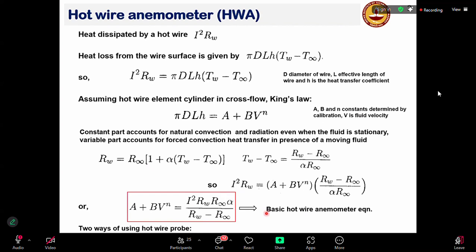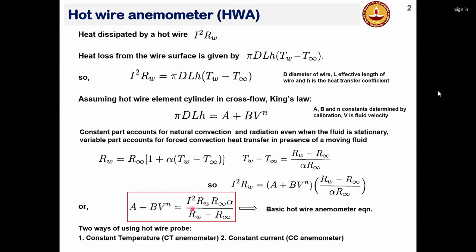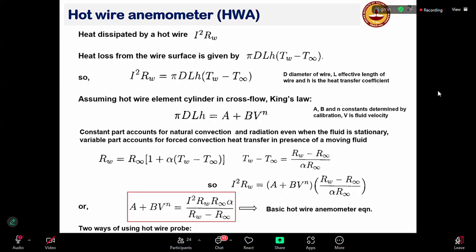So this basic hot-wire anemometer equation is obtained from the energy balance, but the hot-wire probe can operate either in constant temperature mode, which is called the constant temperature anemometer, CT anemometer, or you have the constant current anemometer, CC anemometer. So we're going to look at these two.